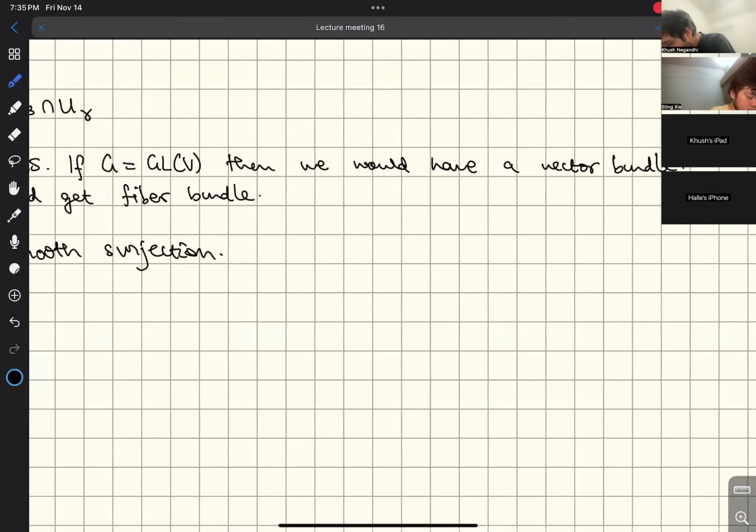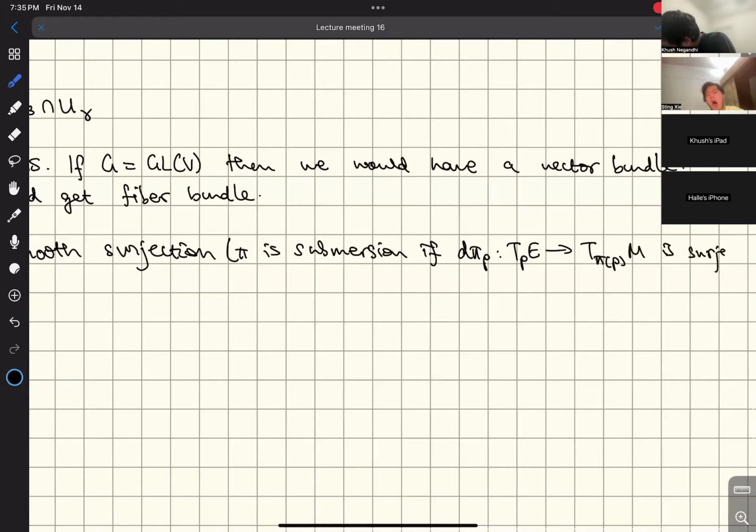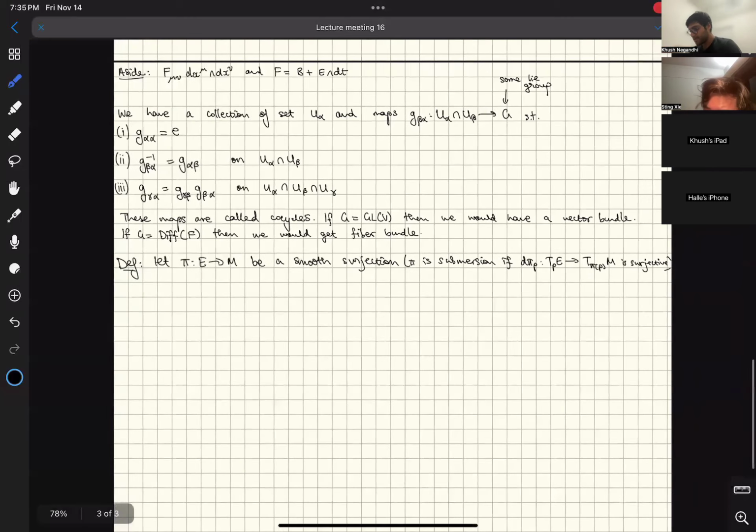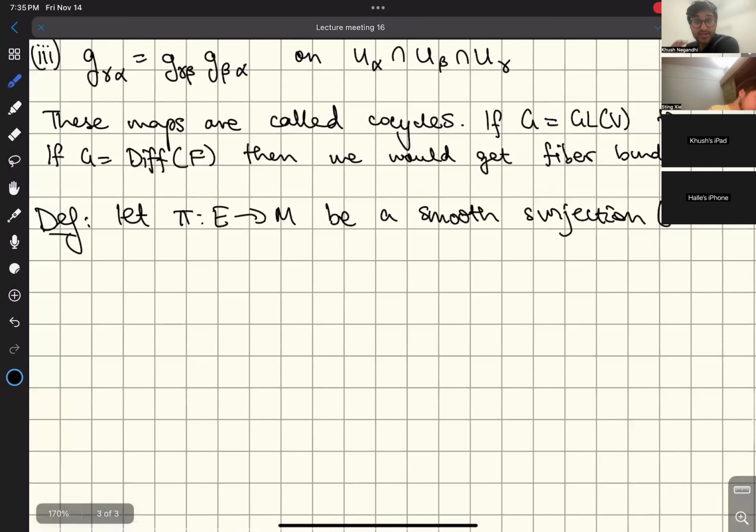So pi is a submersion if d pi at p, from T_p E into T_{pi(p)} M, is surjective.